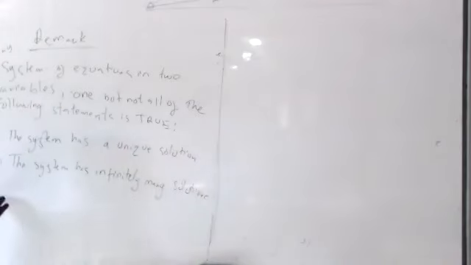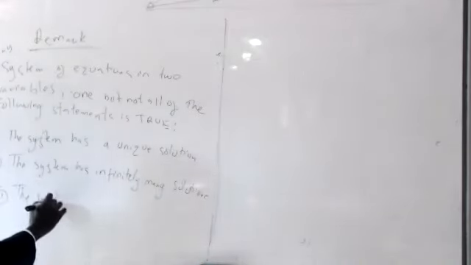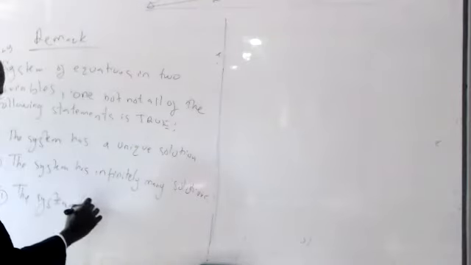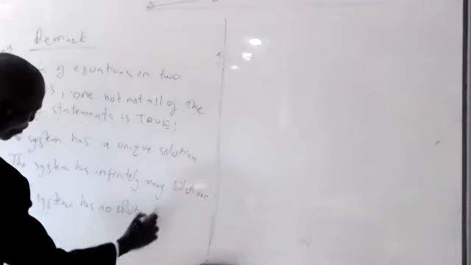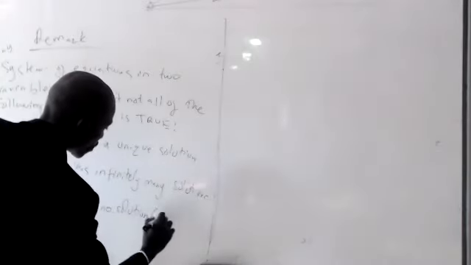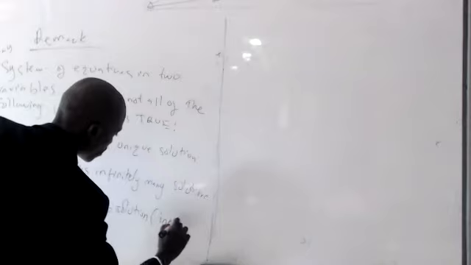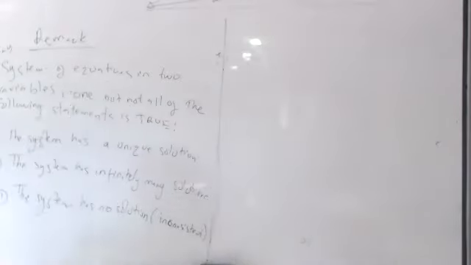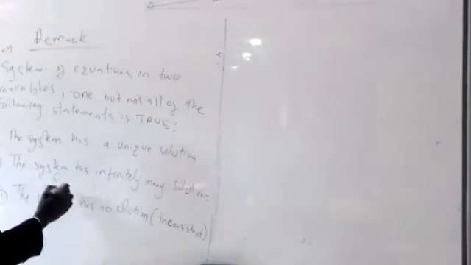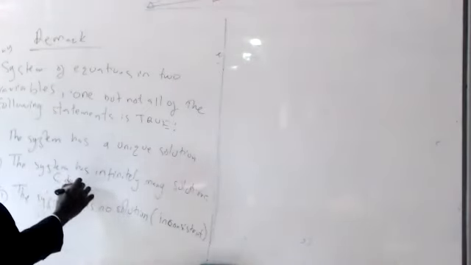And lastly, the system has no solution at all. Such systems are called inconsistent. The ones which have infinitely many solutions are called dependent.